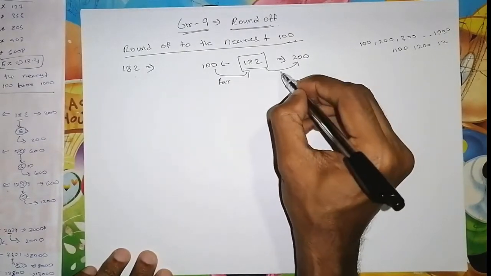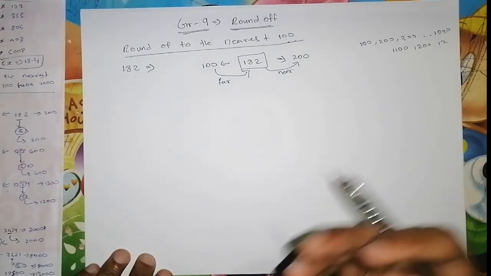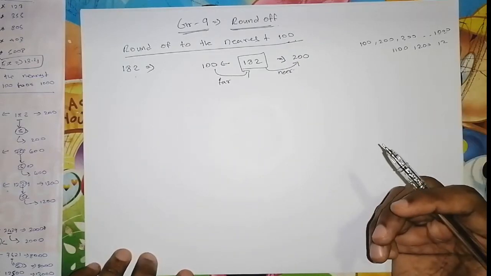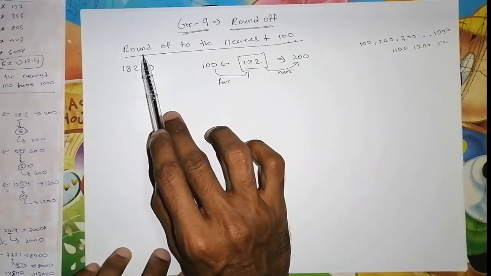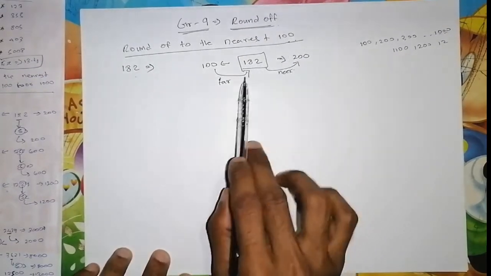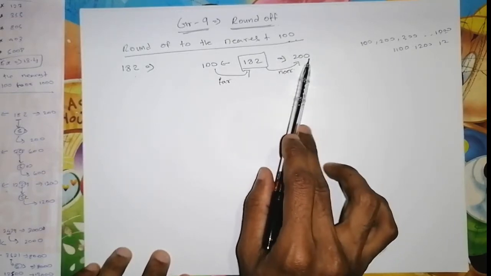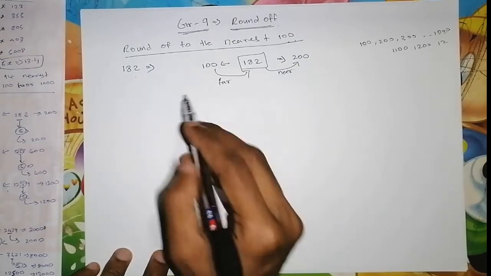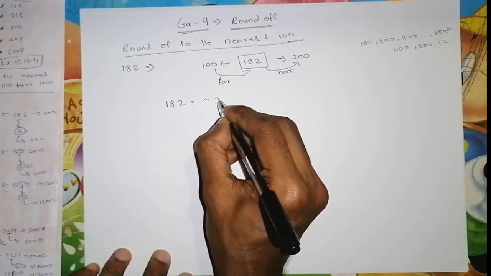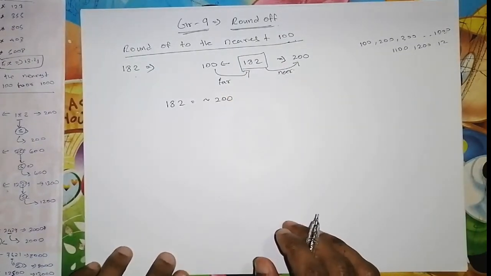It's near to 200. If you want to round off any number, you should take the nearest one. They asked to round off to the nearest 100. So 182 is nearest to 200. If you round off 182, the value will be approximately 200 because it's near to 200.